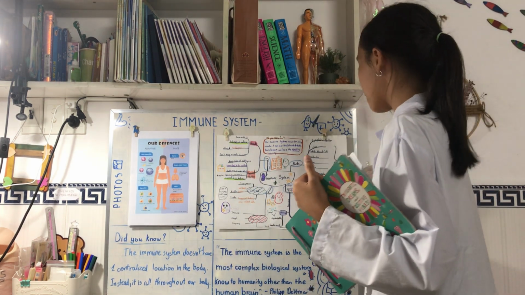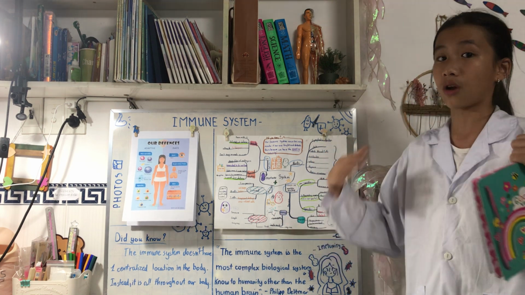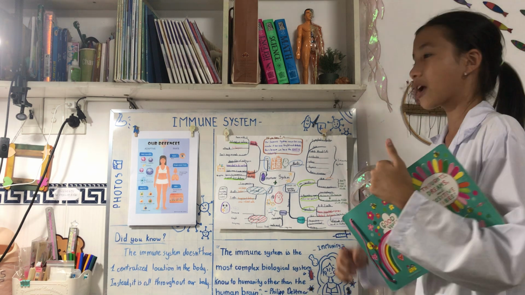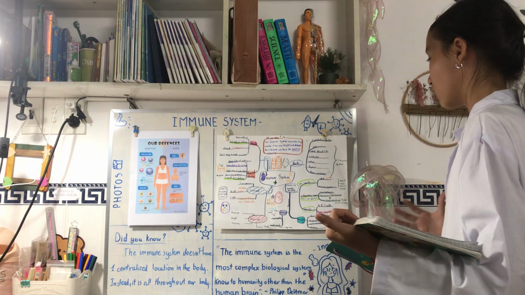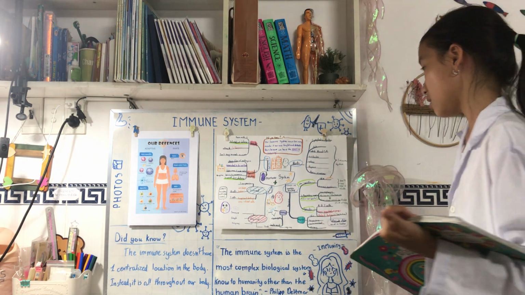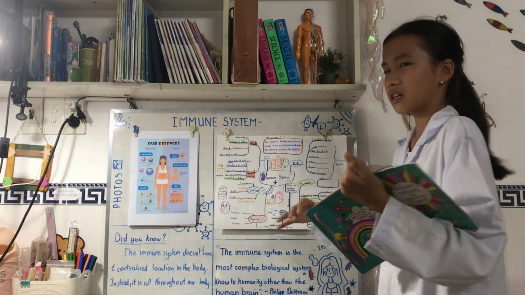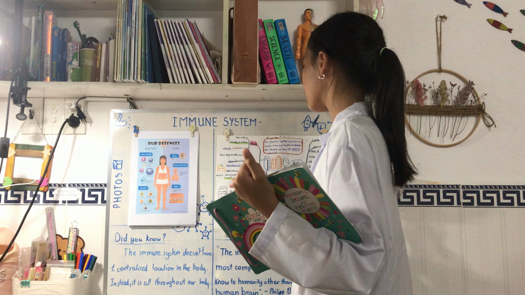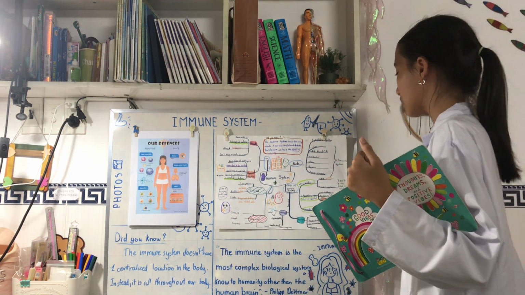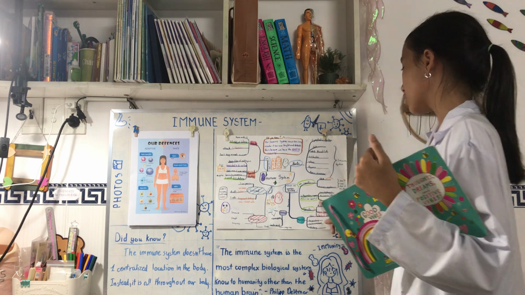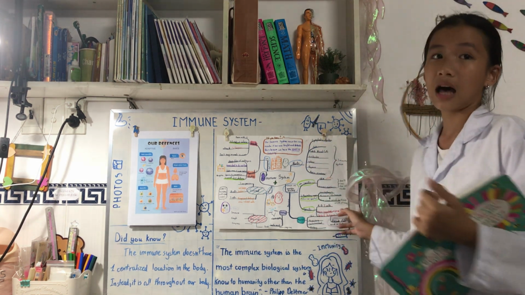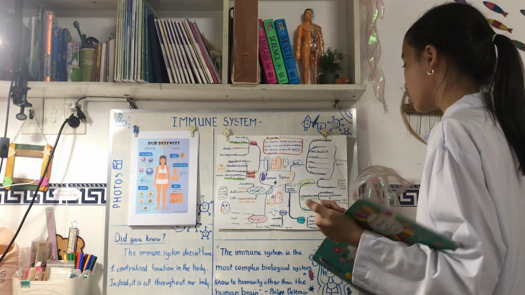Then we have the inflammatory response, which is also non-specific because it doesn't specify what it enters or attacks. It includes macrophages, which is a type of bacteria that attacks our body. It also releases histamine, which causes blood vessels to dilate or widen at the site of the injury.